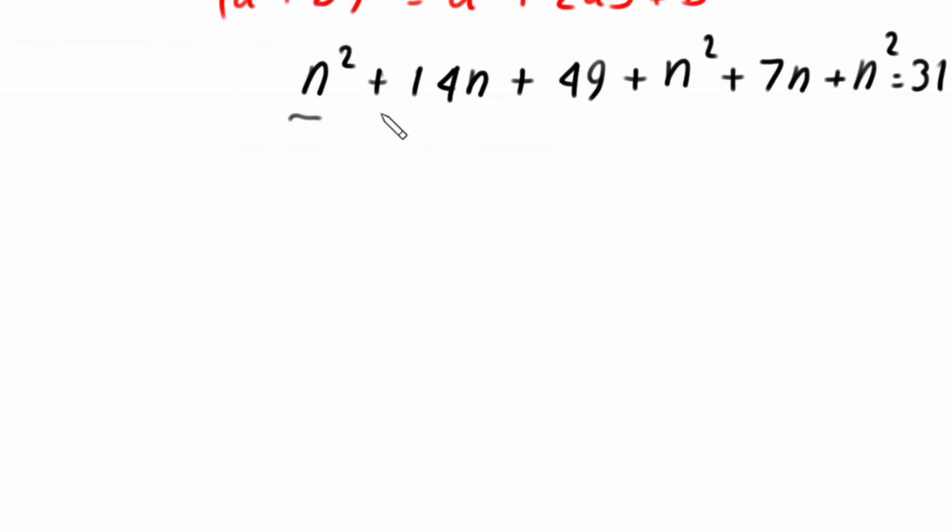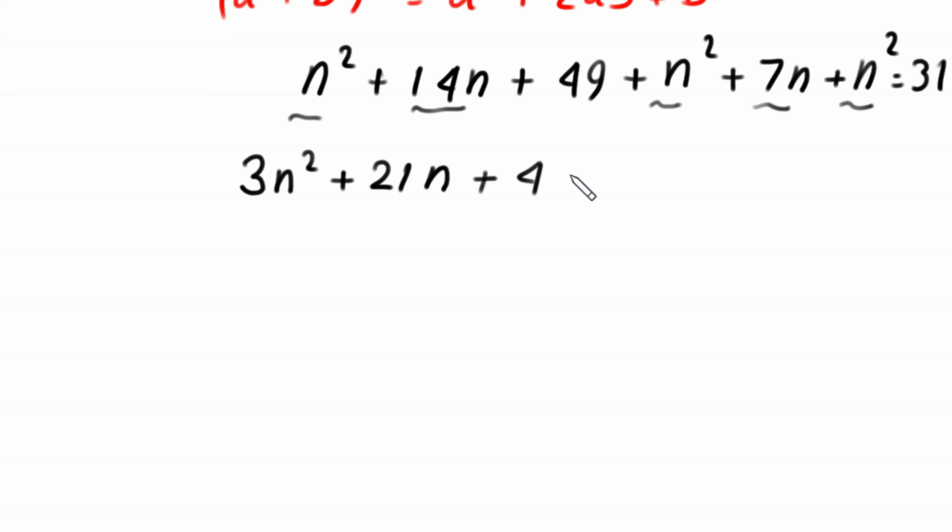Now this n squared plus n squared plus n squared will become 3 times n squared, and 14n plus 7n will become plus 21 times n, and this 49 remains same, plus 49. This 31 will become negative 31 at the left hand side, equal to 0.